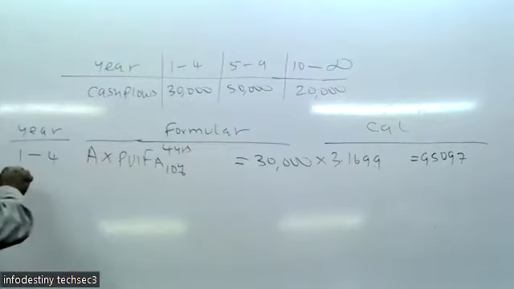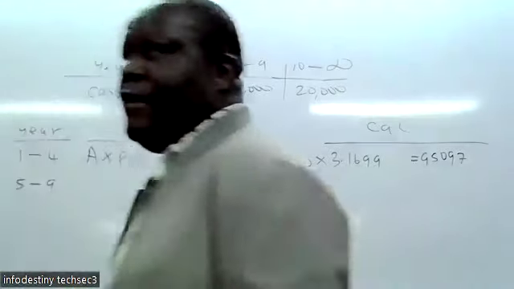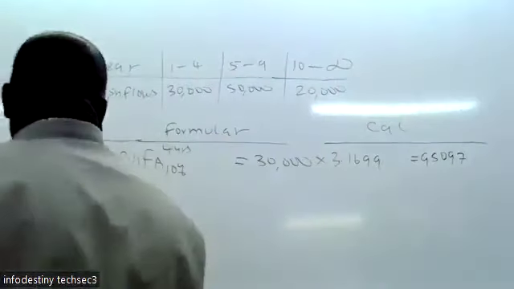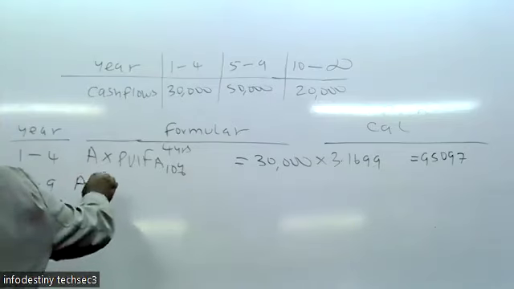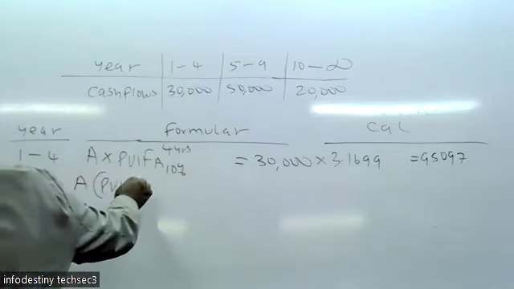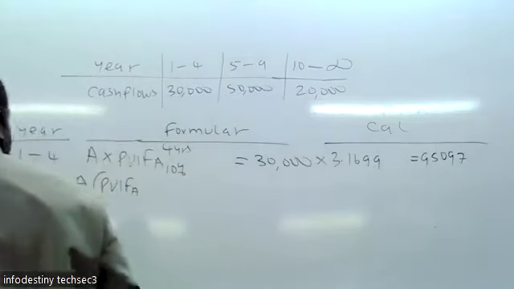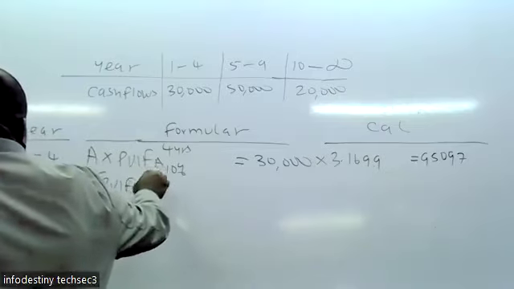Then we go to year 5 up to year 9. Year 5 up to year 9, this will also be annuity. Then present value interest factor annuity. So we shall be having 10% in year 9.